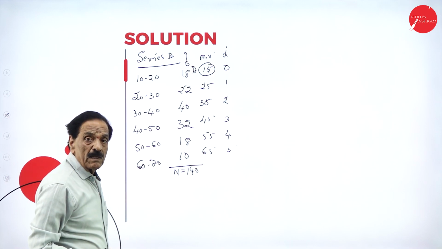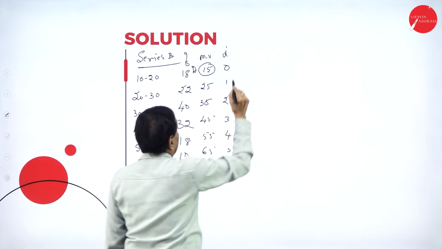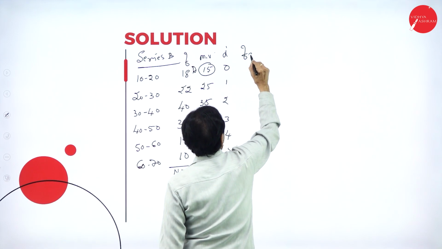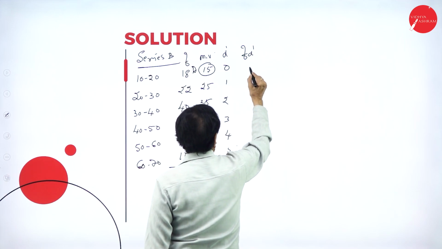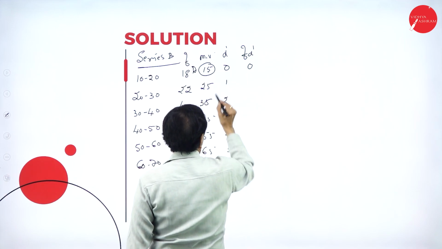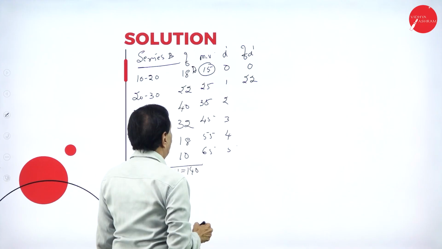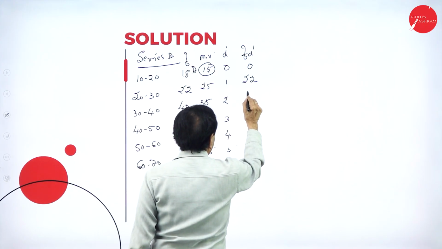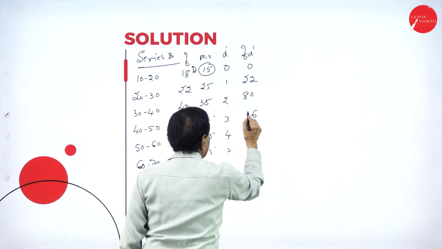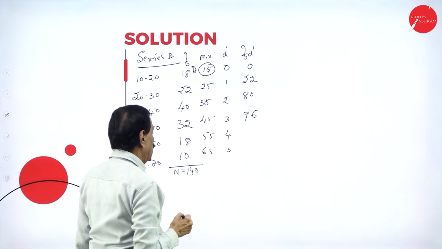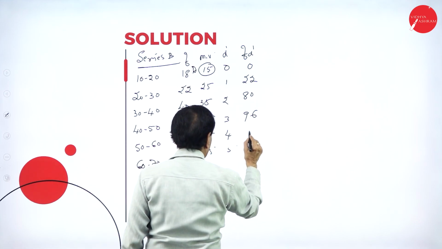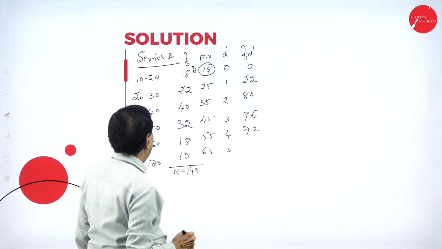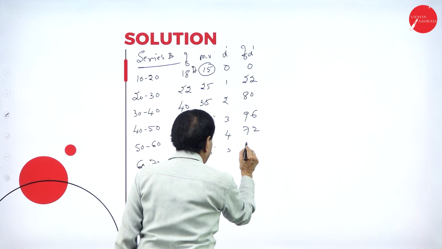What is the next step? f into d dash, ft dash: 18 into 0 is 0, 22 into 1 is 22, 40 into 2 is 80, 32 into 3 is 96, 18 into 4 is 72, 10 into 5 is 50.